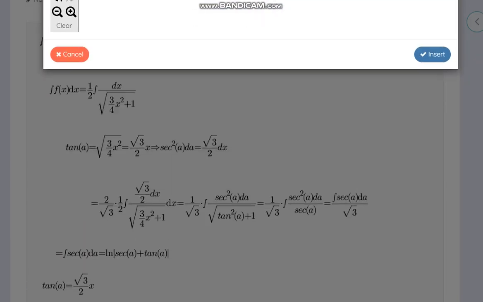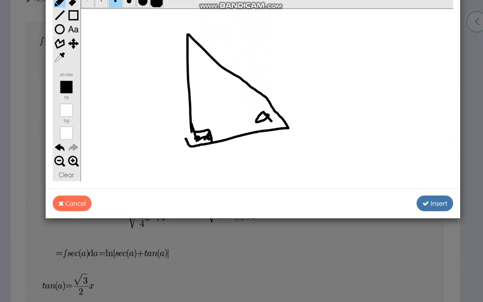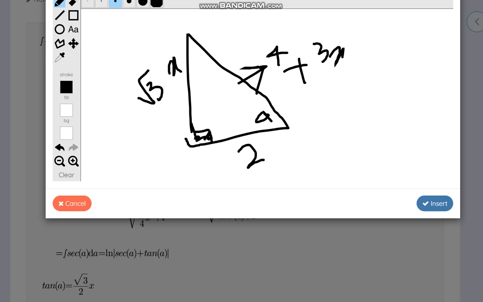So this must look like this. So this side will become the square root of 4 plus 3x squared.